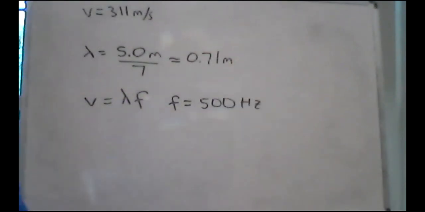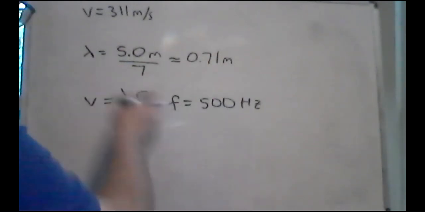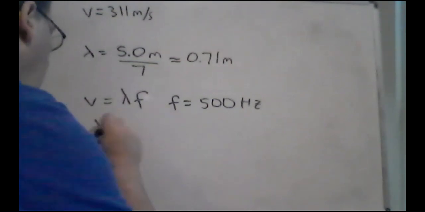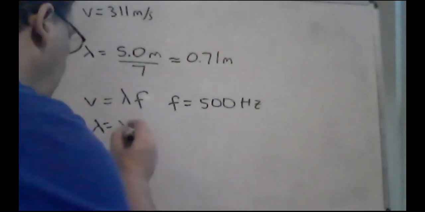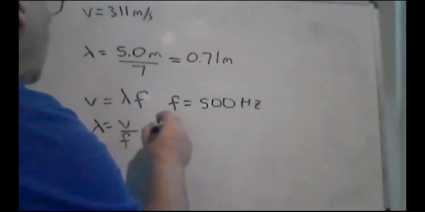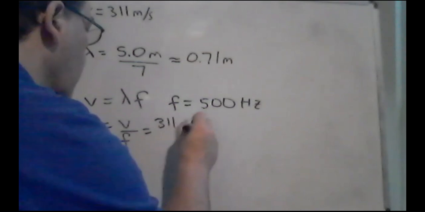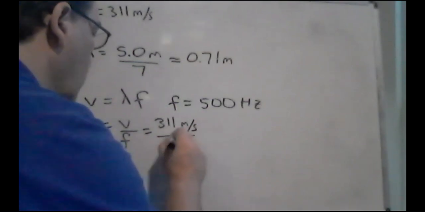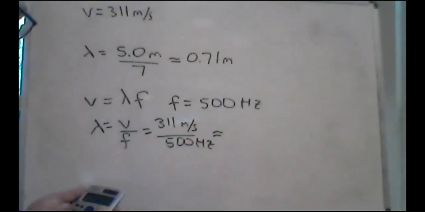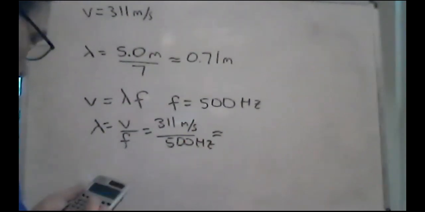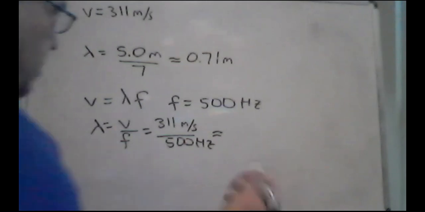I can see that in the display, so I should be able to get a number that more or less agrees with my crude estimation of the wavelength by using this formula. So wavelength is the speed of sound I just computed divided by the frequency. So I had 311 meters per second divided by 500 hertz. What does that give me? Again, it's going to be rough. 311 divided by 500, about 0.62.